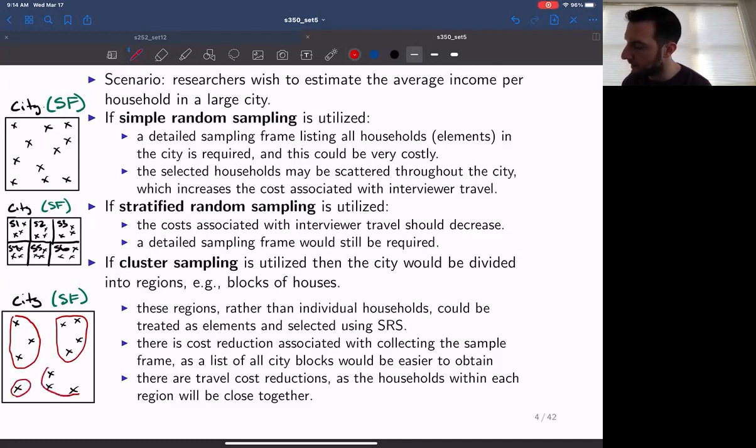And then over here we have another block. So now each of the red collections become the sampling units. So we're randomly selecting this whole group of blocks at a time. Okay, so this is the unit for our sample, and then we can collect information from each of the blocks rather than go to each of the individual households.